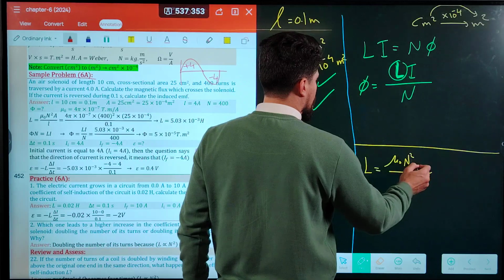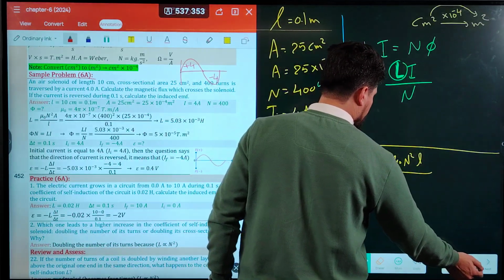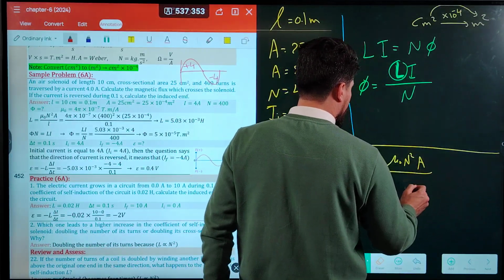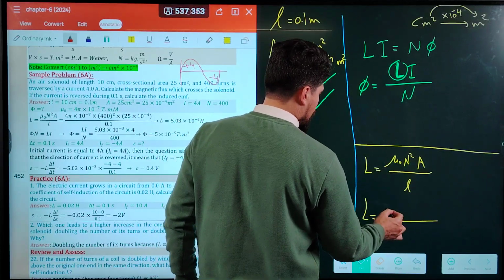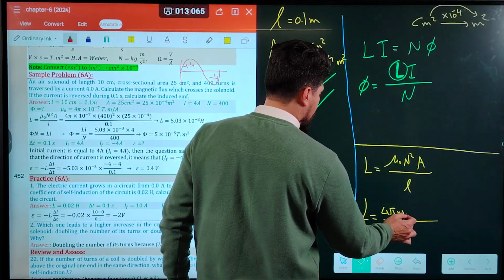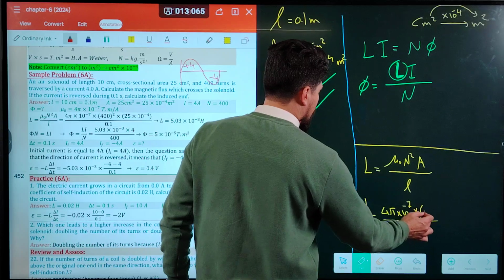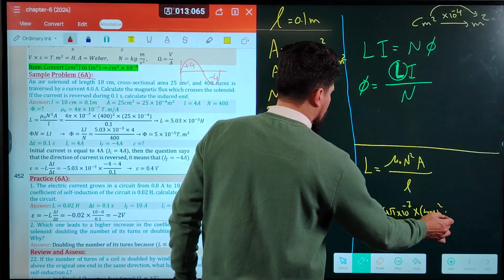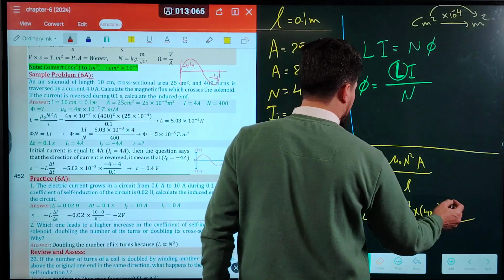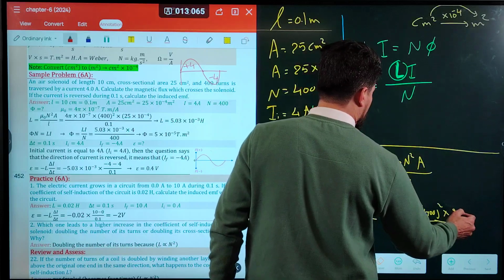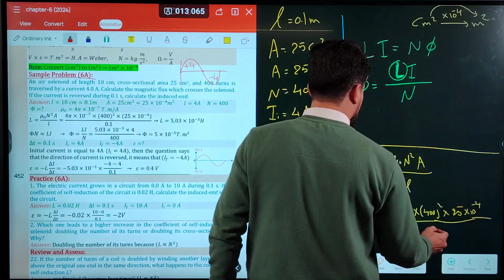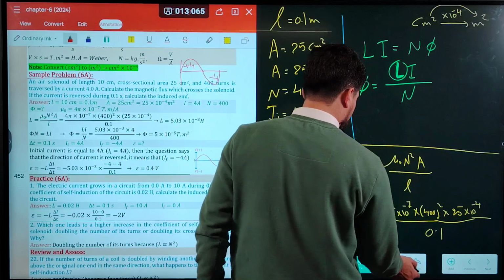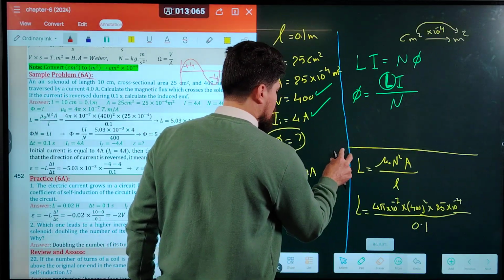Mu naught N square A over L. Do we have mu naught? No, but it is a constant, 4 pi times 10 power negative 7. Number of turns 400 square. Don't forget this square, please. A, the area of the coil, 25 times 10 power negative 4 divided by 0.1. L is equal to what?